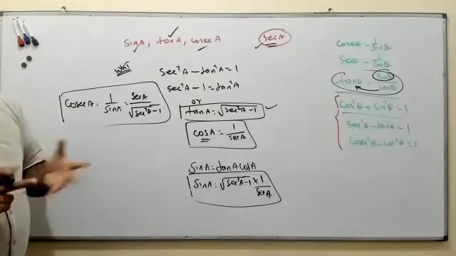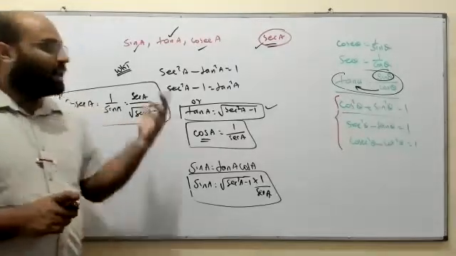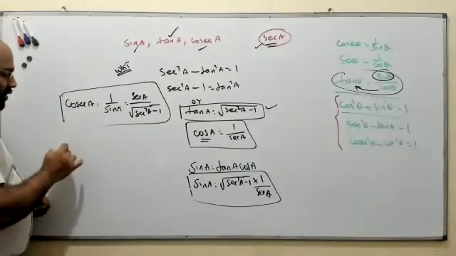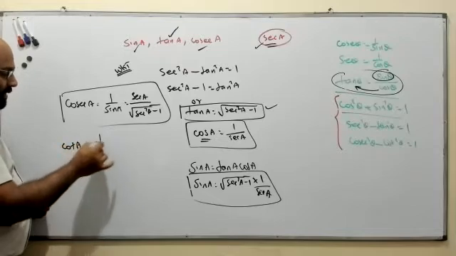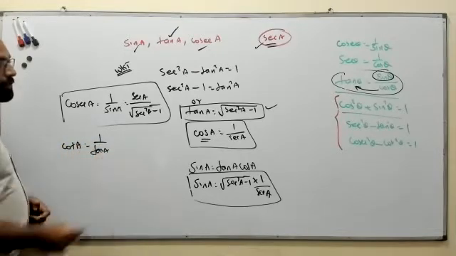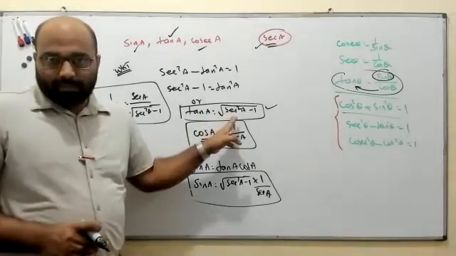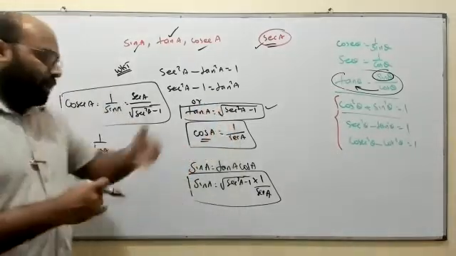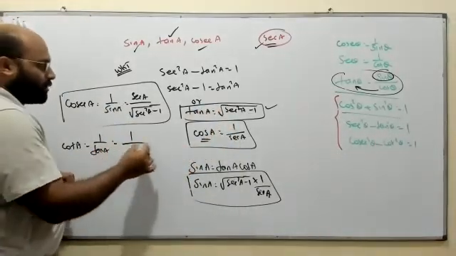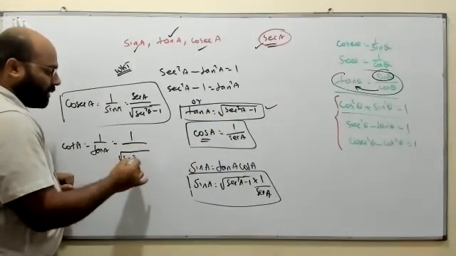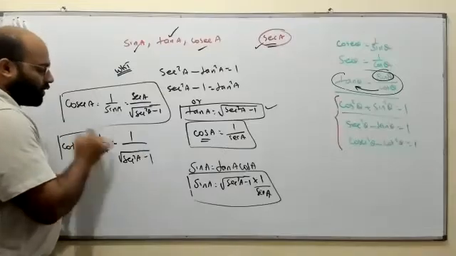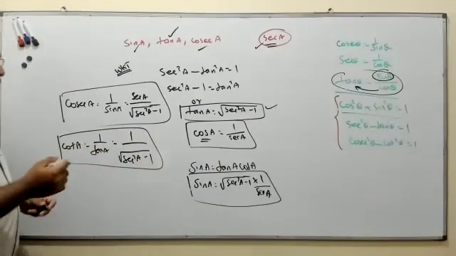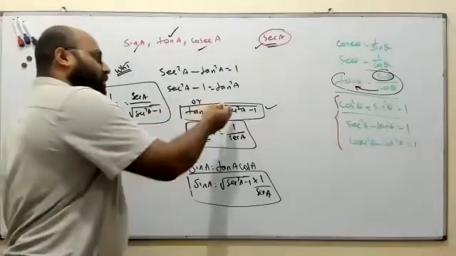If you want cot, how can you find it? They didn't ask, but cot is the reciprocal of tan. So cot equal to 1 by root of sec square A minus 1. Actually they asked three, but I wrote everything.